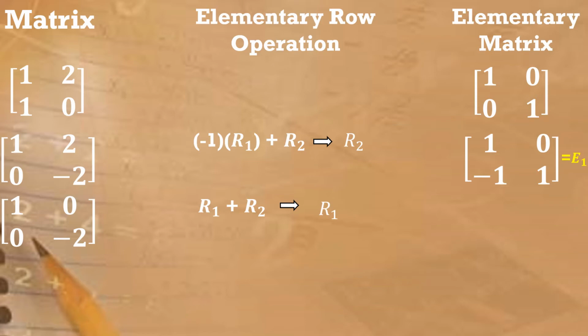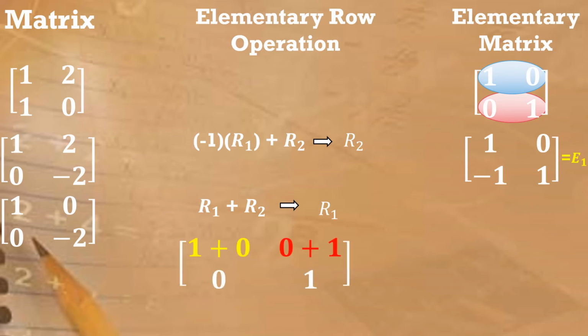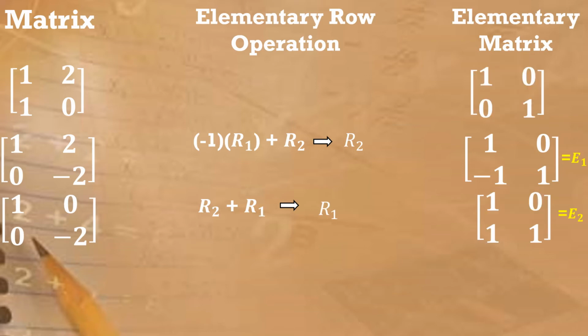Why? Like what I've said earlier, an elementary matrix is a matrix which differs from the identity matrix by one single elementary row operation. So this is our row 1 and this is our row 2. So 1 plus 0, 0 plus 1, equals 1, 1, with our newly formed row 1. So this is our second elementary matrix.